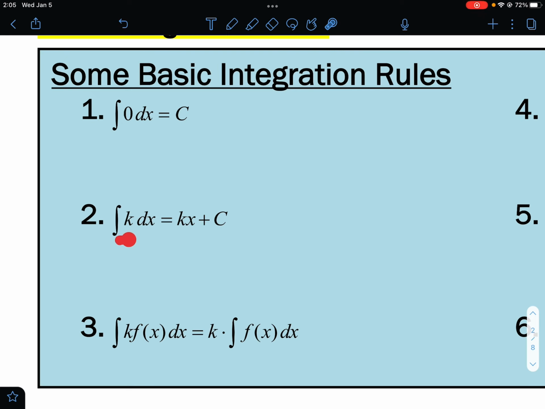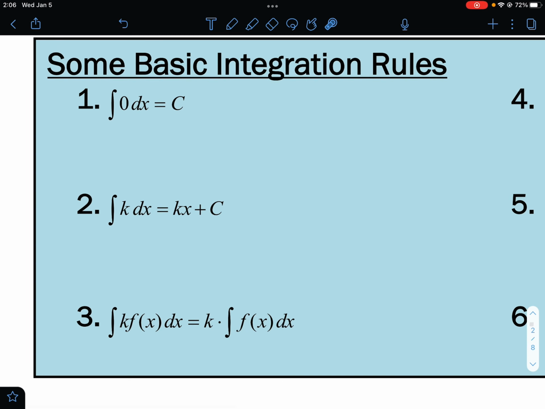The integral of k is going to be kx plus some constant, because the derivative of kx would be k. This third one is this little special rule here. It basically says that we could take a constant that's multiplying a function out in front of that integral. So we can write the integral of k f of x as k times the integral of f of x.